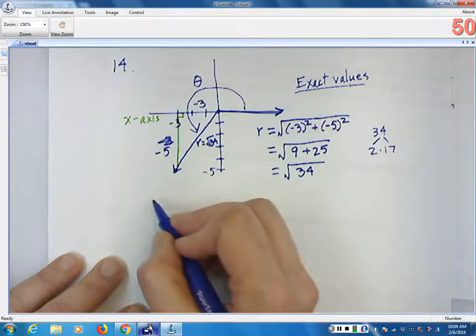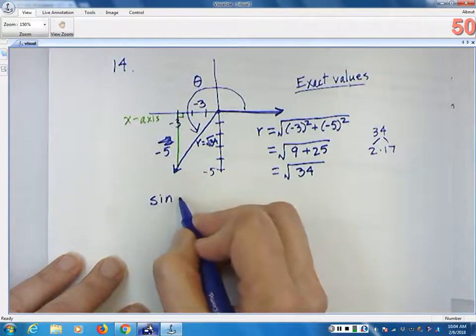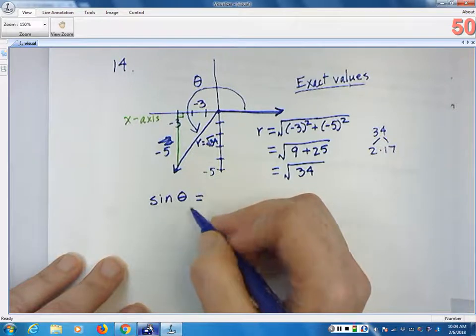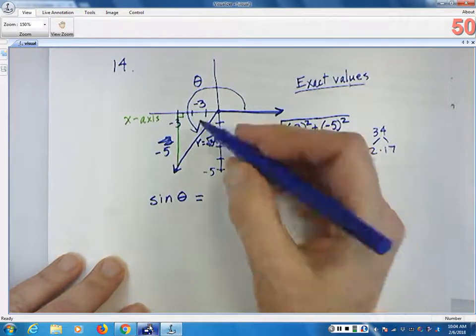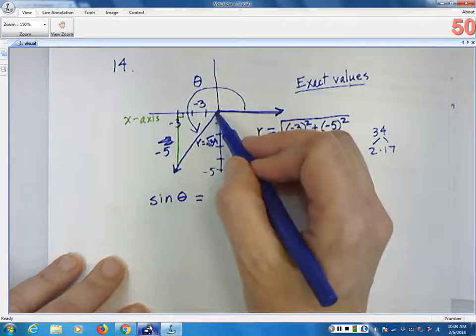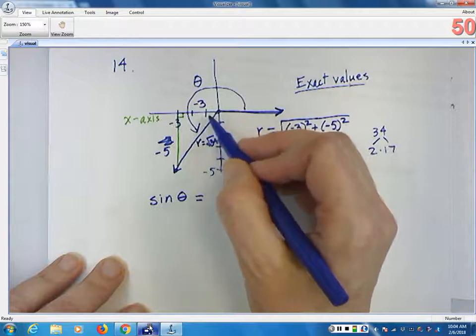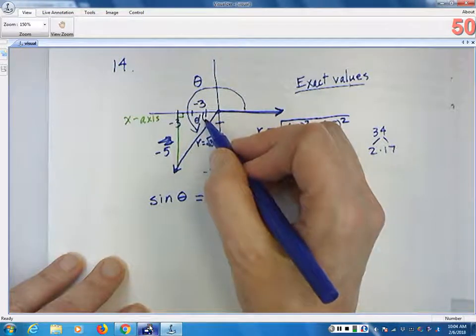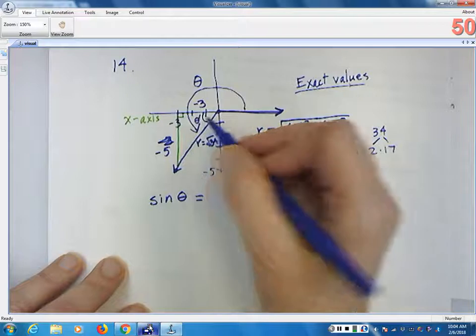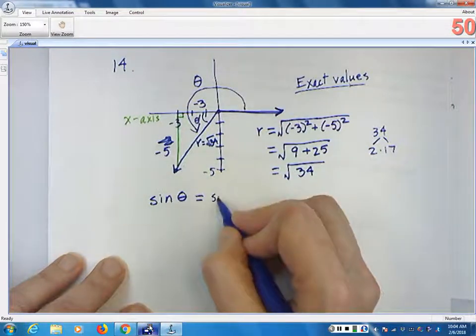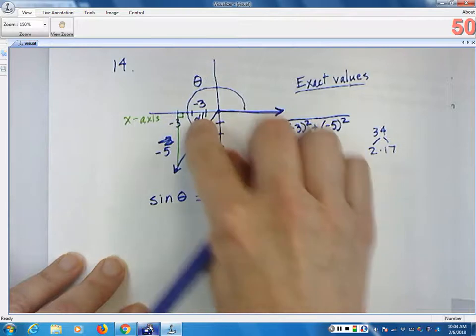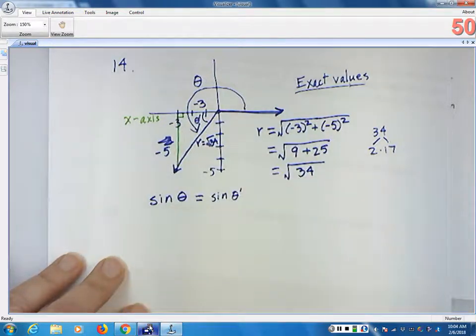So sine of theta will be, we're just going to use this theta prime. But this theta prime, where it is in the quadrant with the signs.